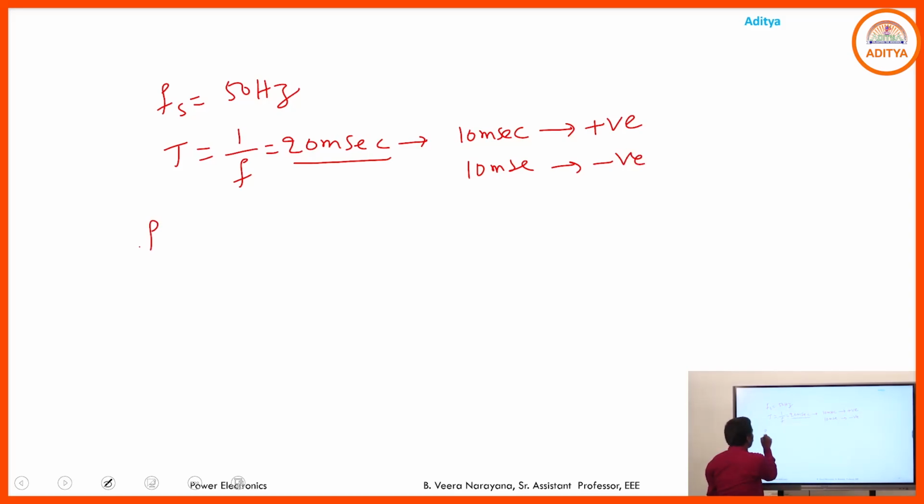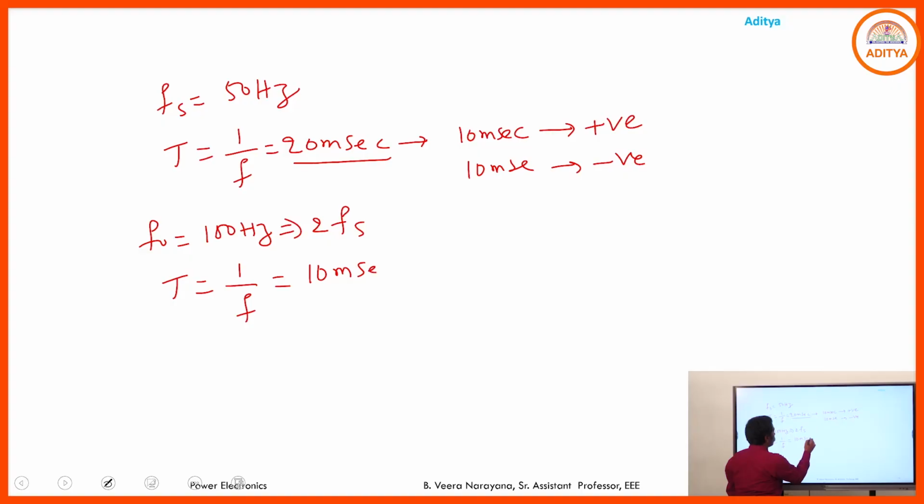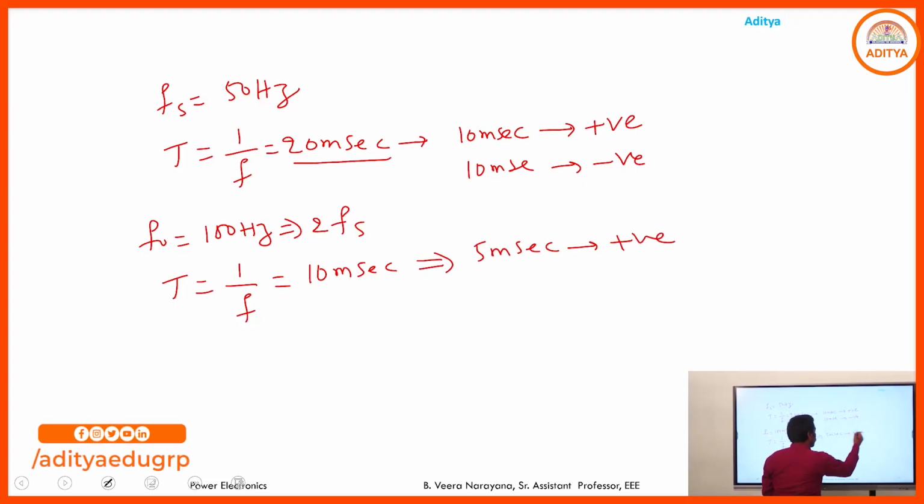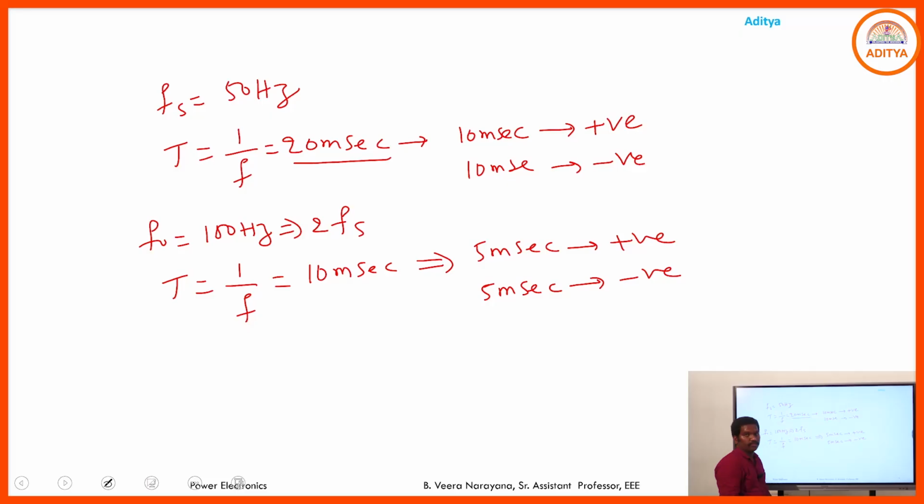Now I just want to collect the output frequency like 100 Hz, which is 2Fs. Then what is the time period here? T is equal to 1 by F, which is 10 milliseconds. So what is the meaning of 10 milliseconds here? 5 milliseconds is the on time or positive half cycle, and one more 5 milliseconds is the negative half cycle.